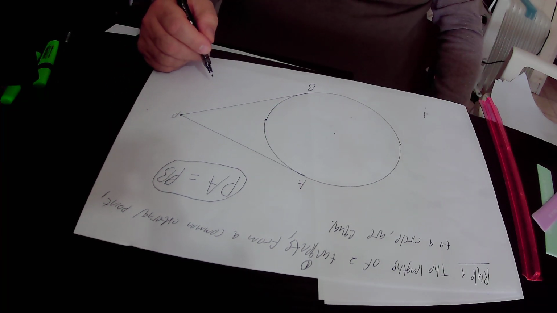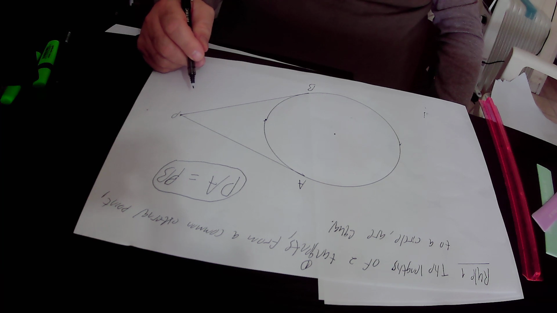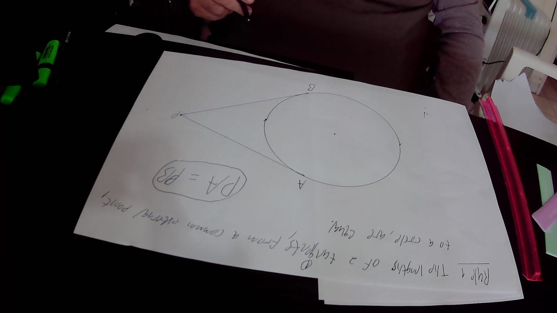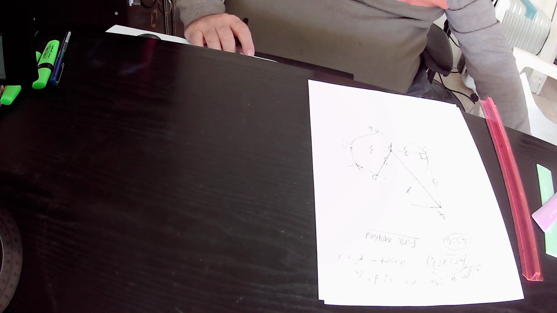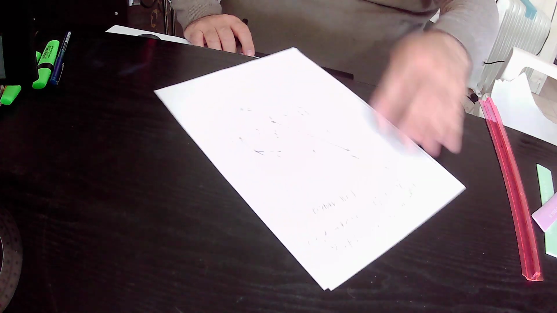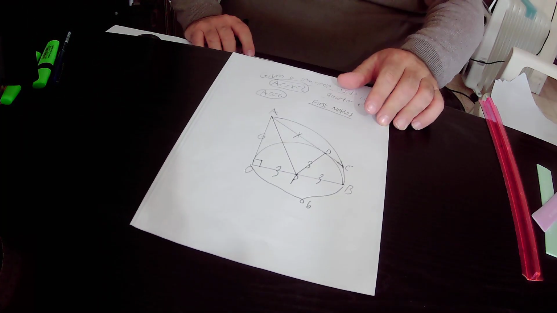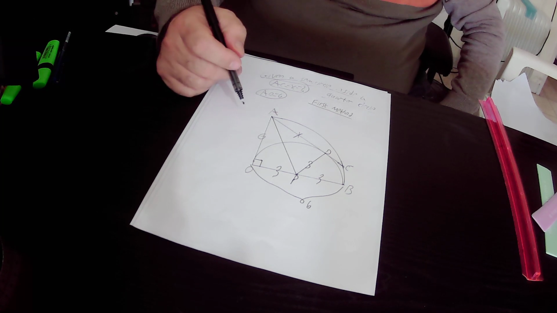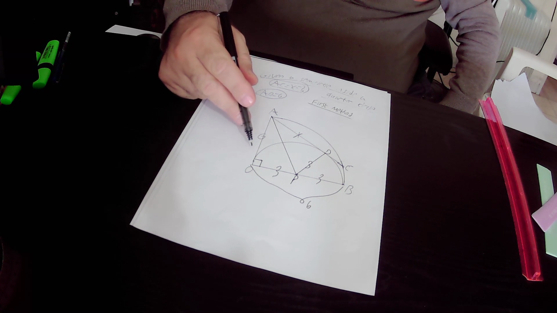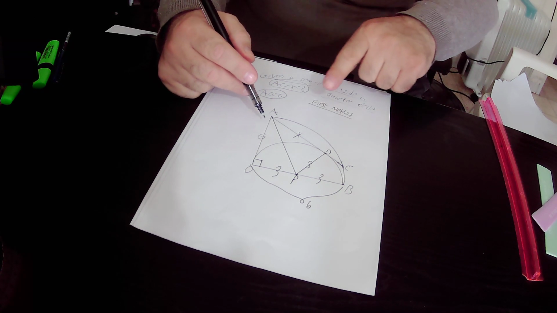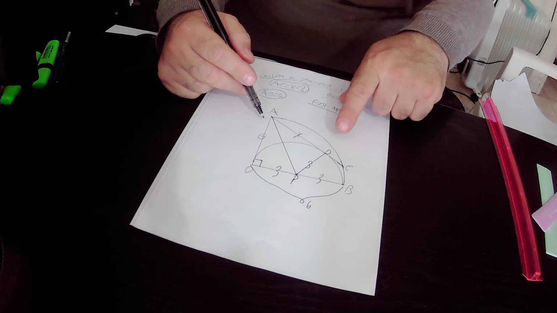So whenever you have a common external point of a circle and you draw two tangents to that circle, then the lengths of those two tangents will be equal to each other according to rule number 1. So we actually can implement rule number 1 in our drawing, because in our drawing we have the common external point A, and from the common external point A we have two tangents to this semicircle. The first tangent is tangent AO, and the second tangent is tangent AD.